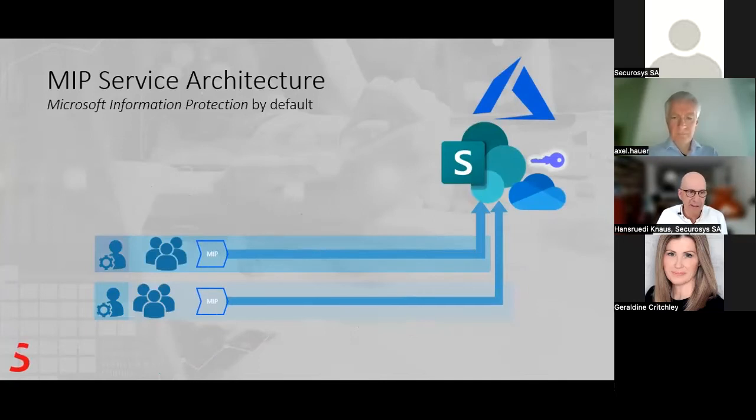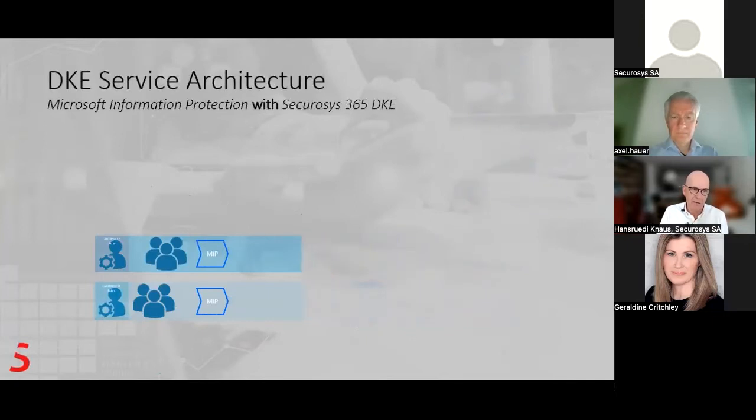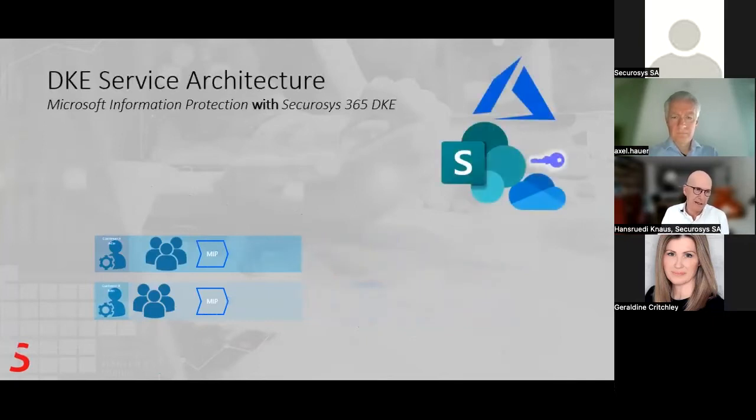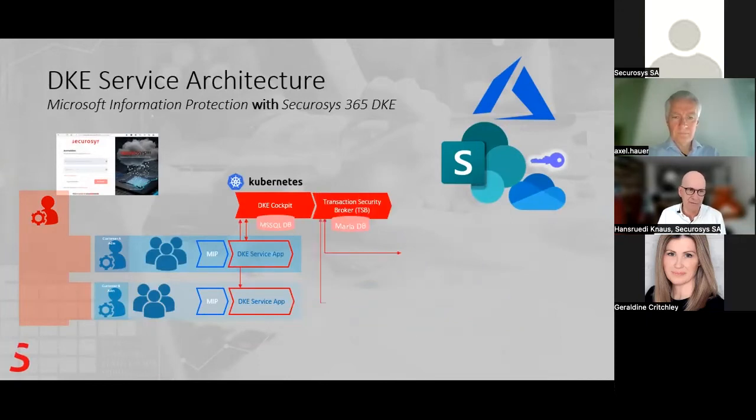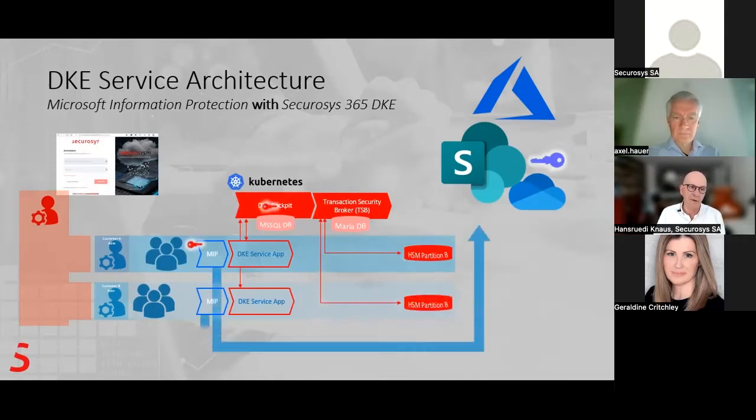We add an additional layer. So we interrupt the standard process and add an additional Securosys process where we provide additional functions that get keys out of cloud HSMs for the double key encryption.